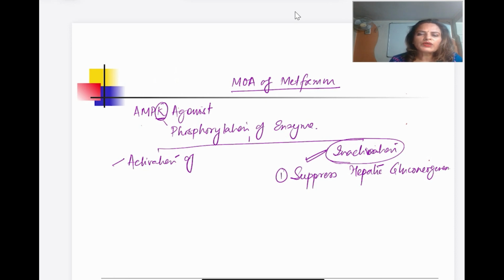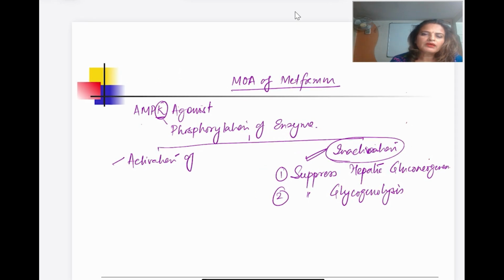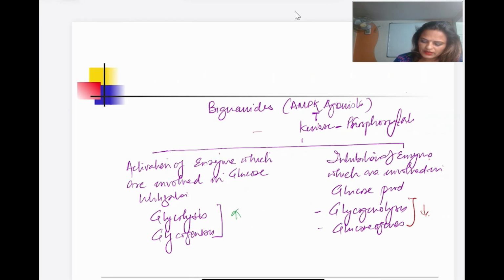Then another one, what else in the liver? What are the other ways it is going to decrease the level of blood glucose? By suppressing glycogenolysis, both in the liver and even in the muscles. So it is going to inhibit glycogenolysis. And how is it going to increase the utilization?